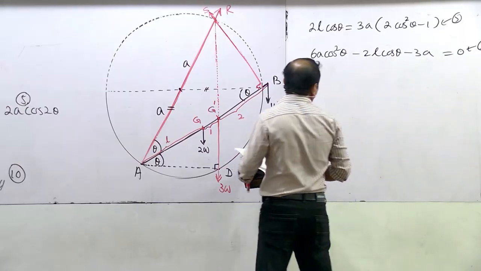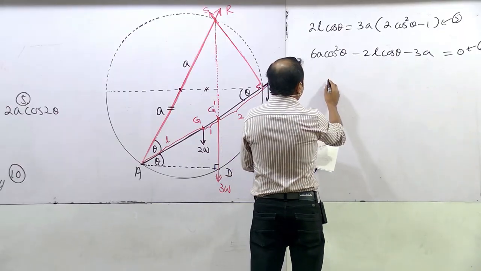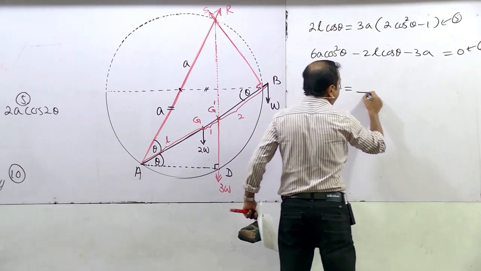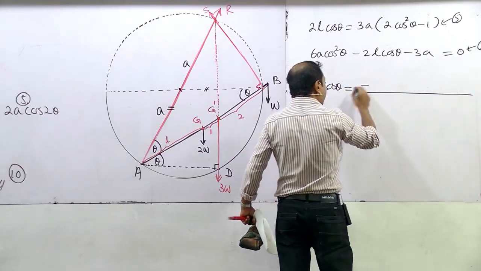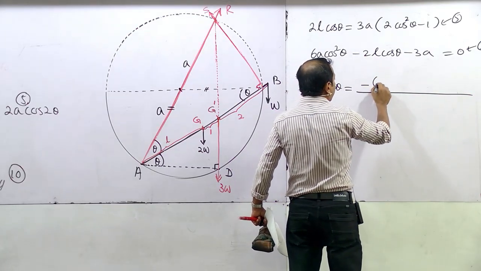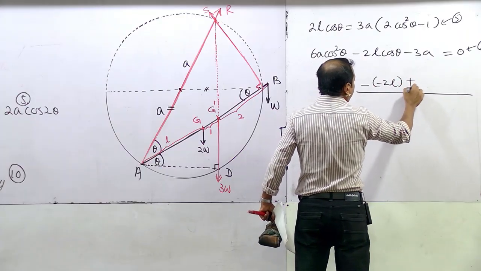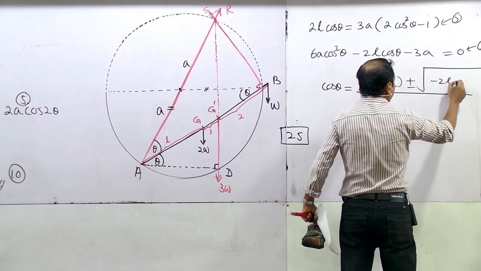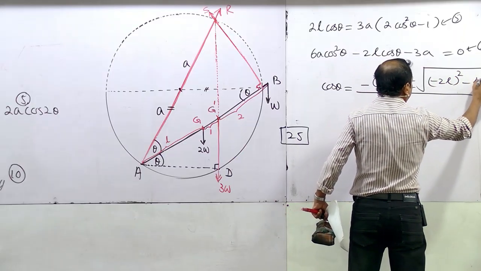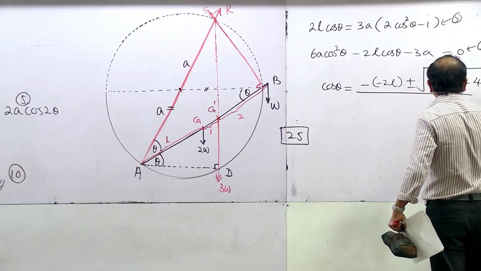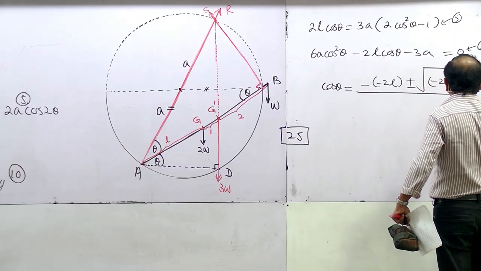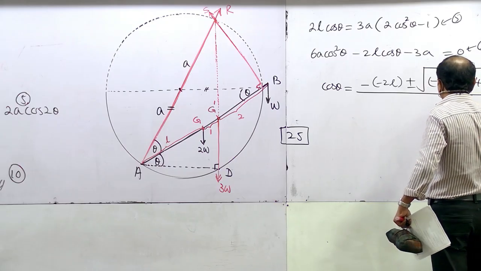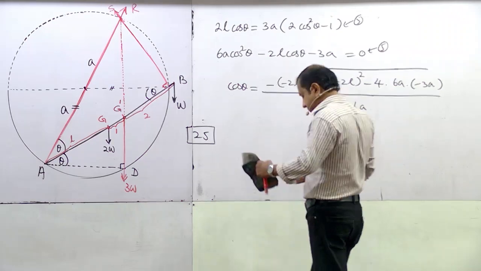Now what is this? This is a quadratic equation in cos theta. Right, cos theta equals minus b, b is this, minus 2L, plus or minus square root of b squared, that is minus 2L perfect squared, minus 4 a c, where a is 6A and c is minus 3A, divided by 2 into 6A.